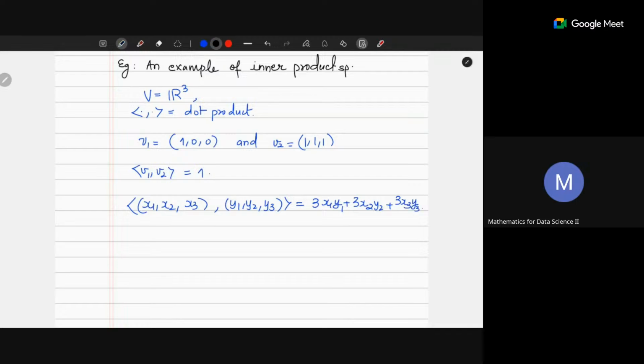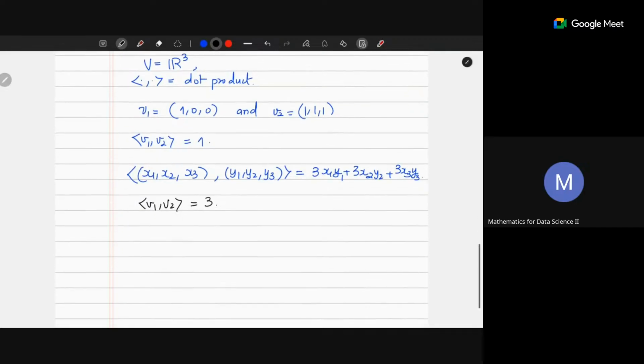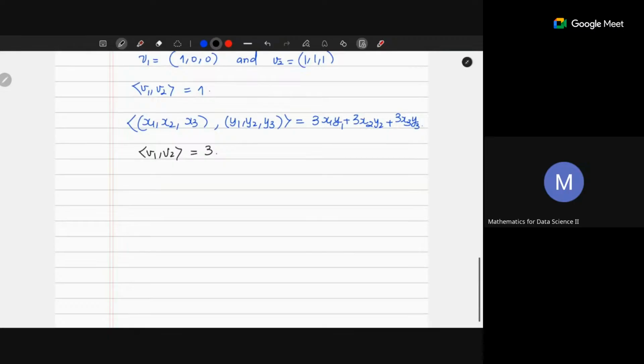Now what will be the inner product of V1 and V2? It is going to be 3, because I just multiplied by 3. Correct.